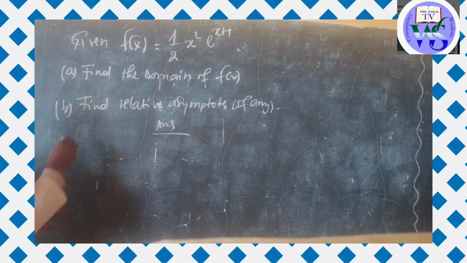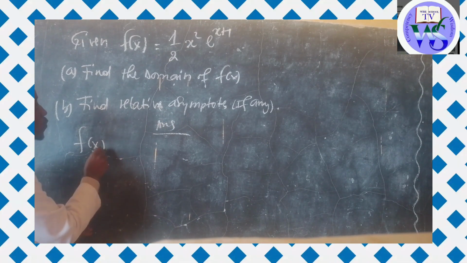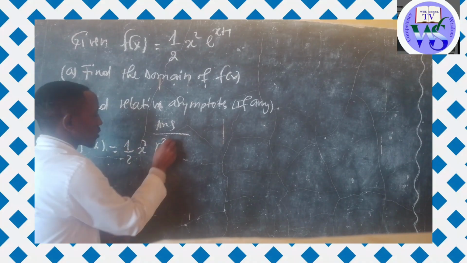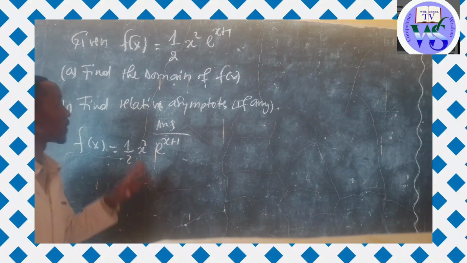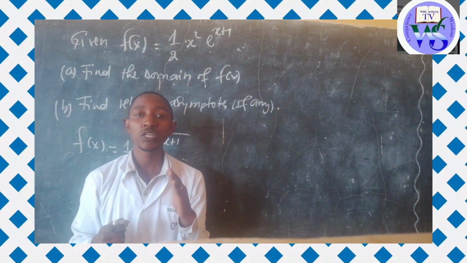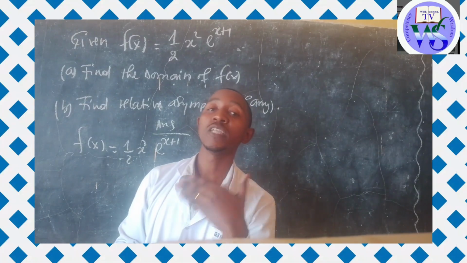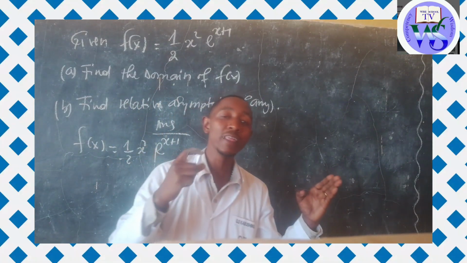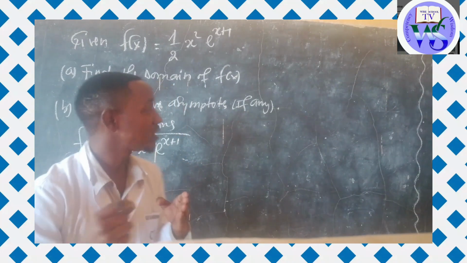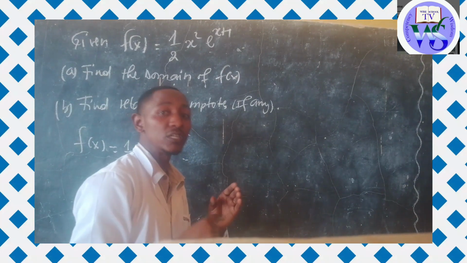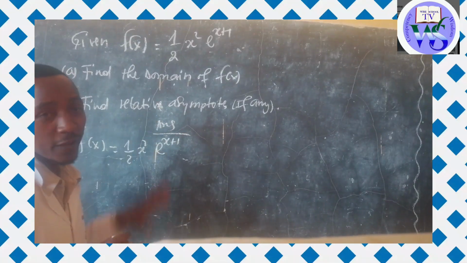So then we have the function f of x, which is equal to 1 over 2x squared e power x plus 1. So the domain of the function is what? It is where the solution exists, the range where we can do the equation and there is no impossible result, no getting infinite.